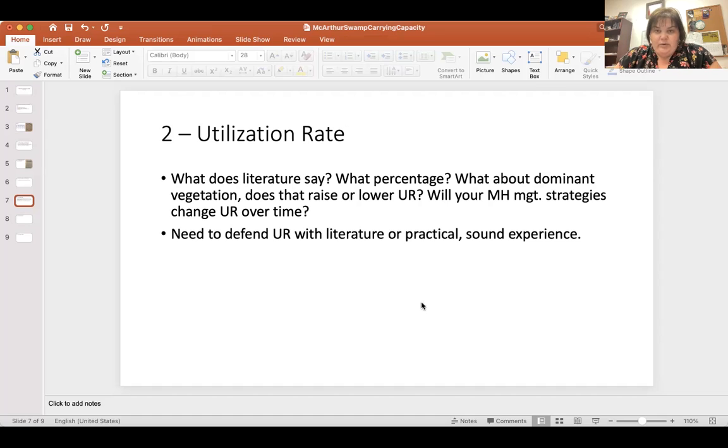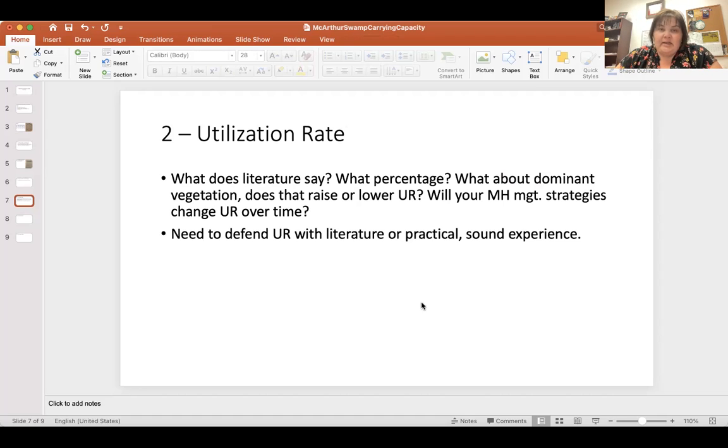We don't want to take too little. If we take too much, it exposes topsoil. Soil health gets degraded very quickly. If we don't take enough utilization, then our grasses head out. We can get into invasive species problems. Invasive species are going to pop up whether you use too much or not enough forage.